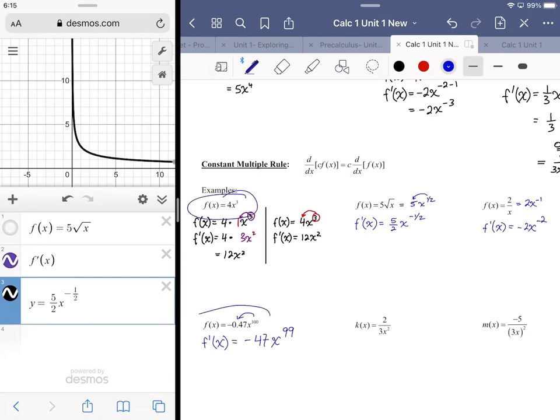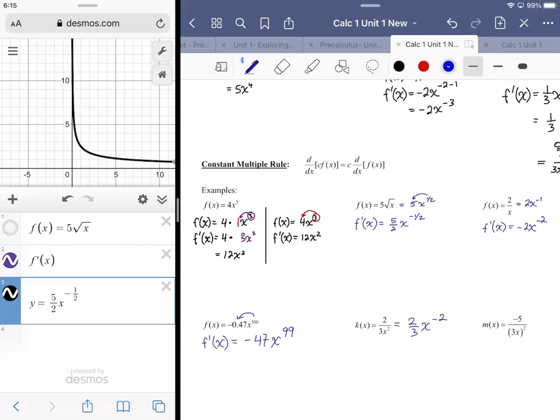This one and this one are already tailor-made for the power rule. Whereas the k of x function, I'd have to rewrite as 2/3 x to the negative second, because it needs to be in the form of a times x to the b power.